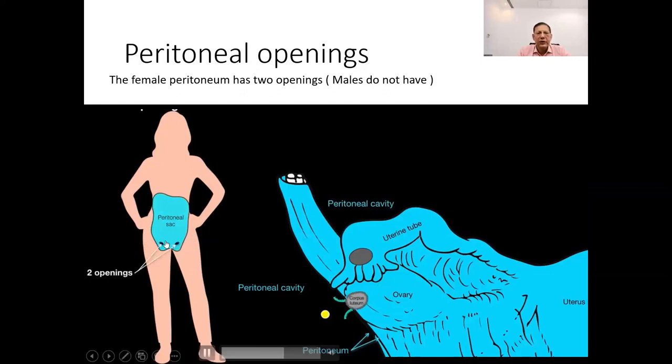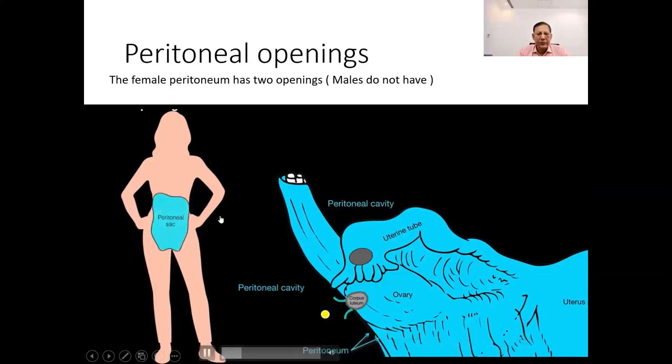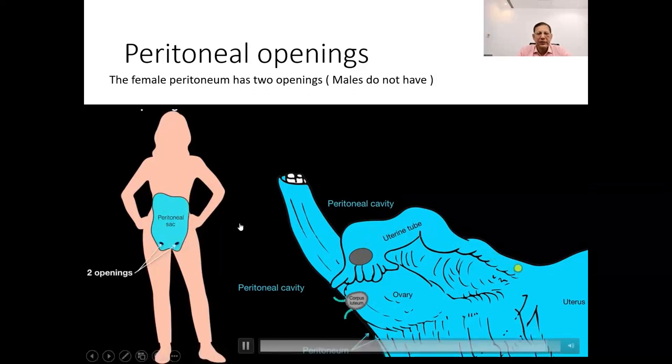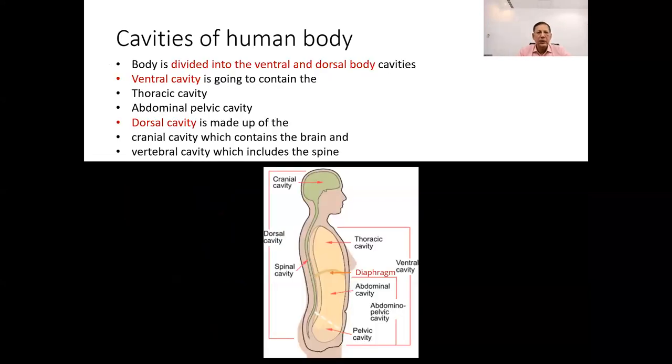However, in both sexes, the peritoneum is considered a continuous structure and therefore creates a peritoneal sac. In some pathological conditions, fluid accumulates there, which we call ascites.